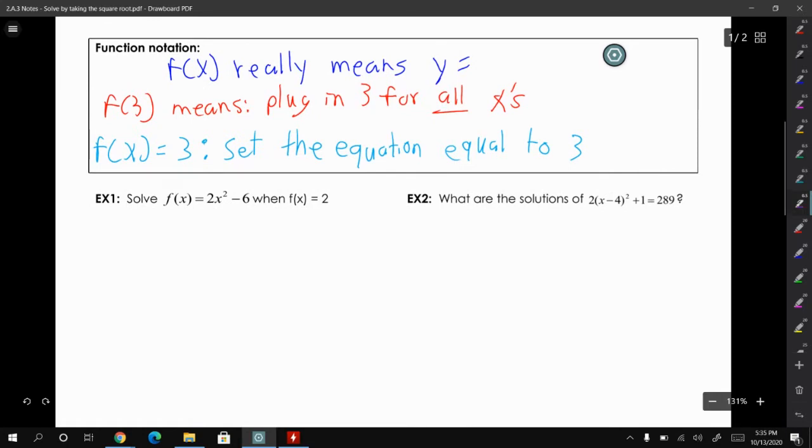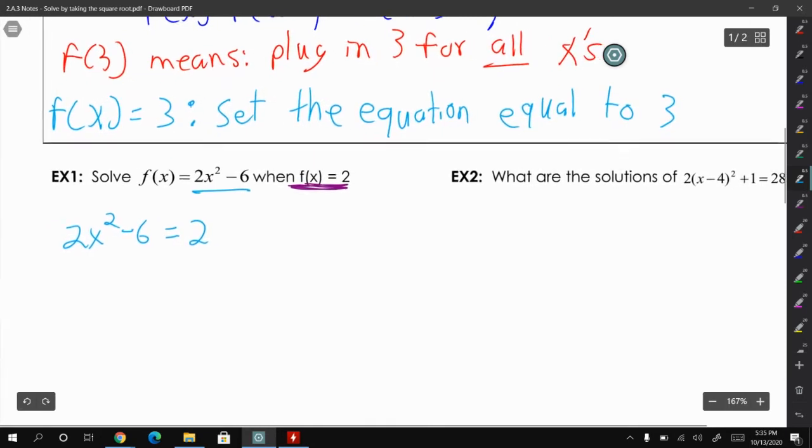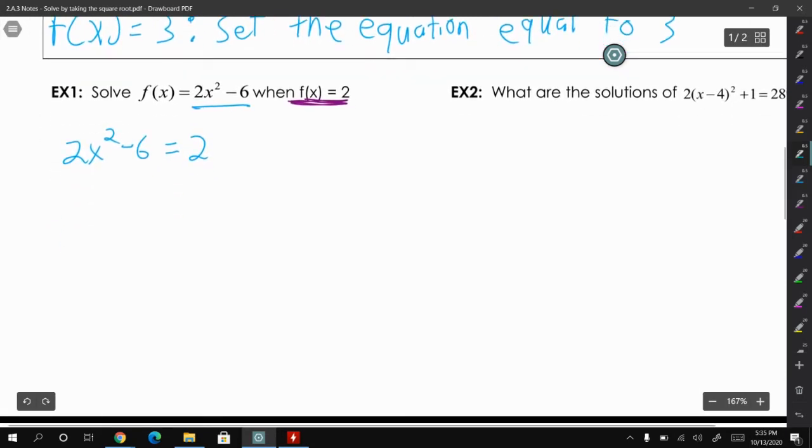So just like the graph we had above, it says solve f of x equals 2x squared minus 6 when f of x equals 2. What this part is telling you is to set the equation equal to 2. So 2x squared minus 6 equals 2. We're going to try to get x by itself. We're going to add 6 to both sides.